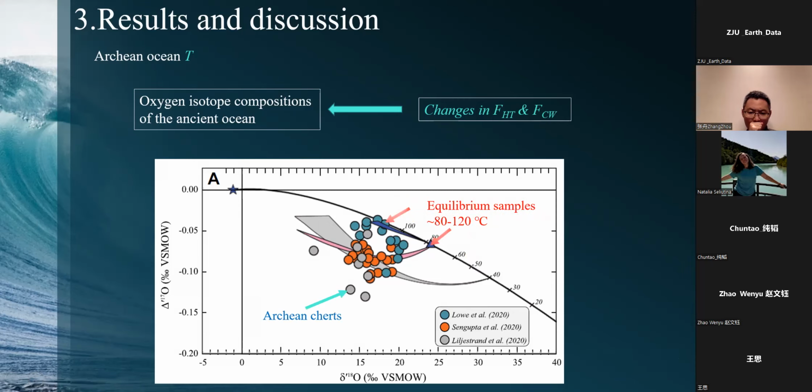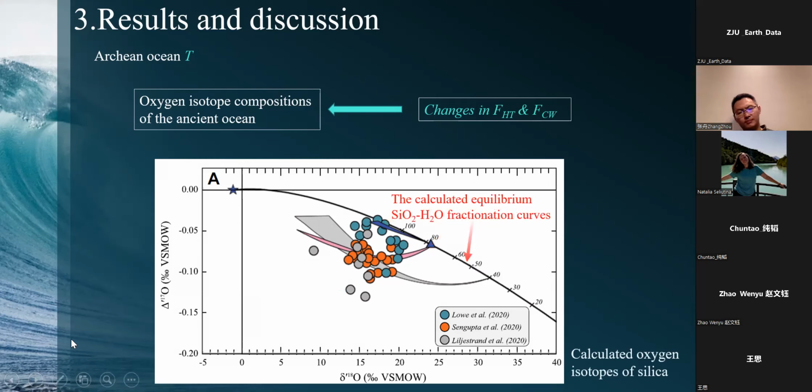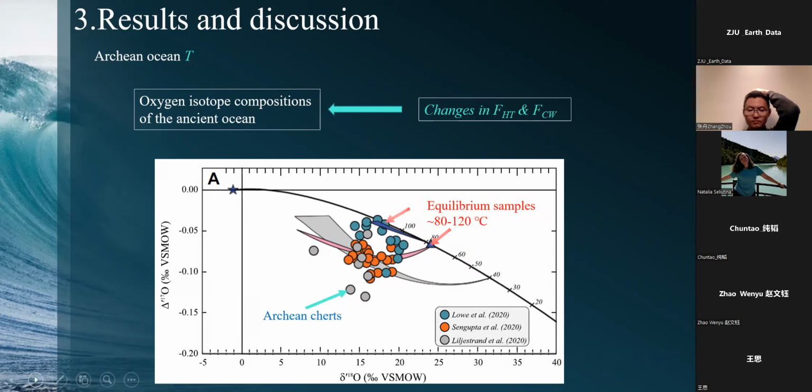So this curve is the calculated equilibrium silica-water fractionation curve. If you get the theoretical curve, they also compiled the Archean chert samples from previous studies, and we can see that there are some samples close to the equilibrium curve.